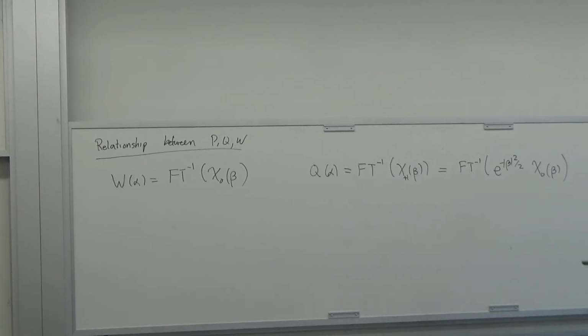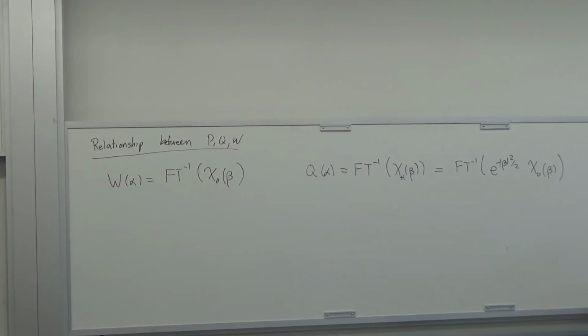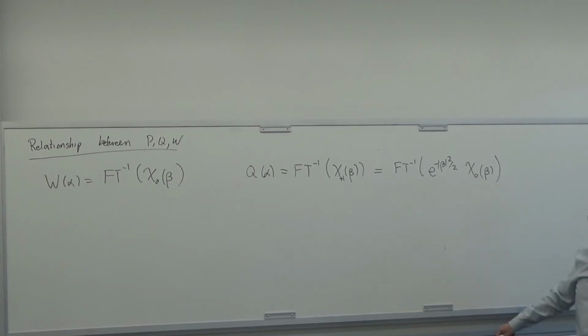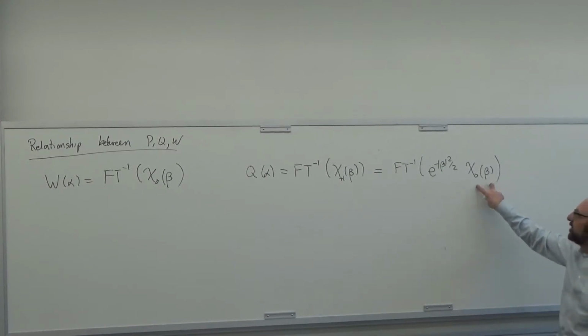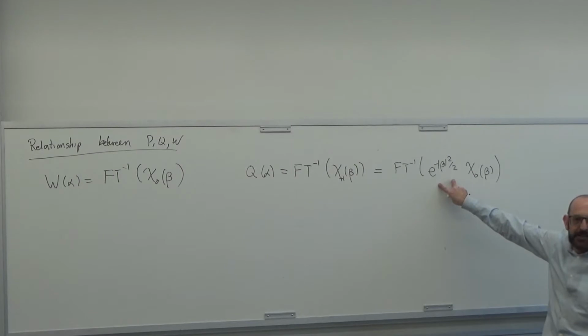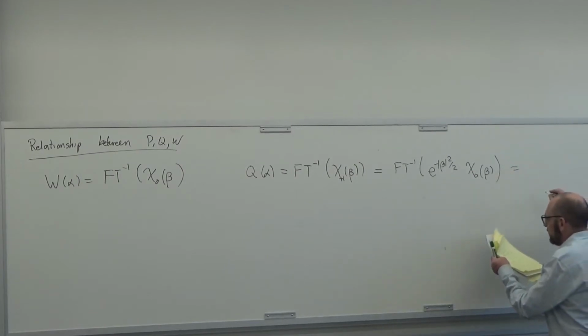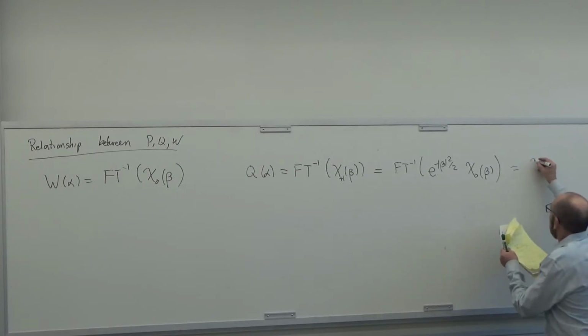That's what we just said over there. So, if I want to take the Fourier transform of the product of two functions, or the inverse Fourier transform, how do I do it? Convolution. This is the convolution of the Wigner function with the inverse Fourier transform of the Gaussian. So when you put in all the factors, and I'm pretty sure this is correct, I get an integral.